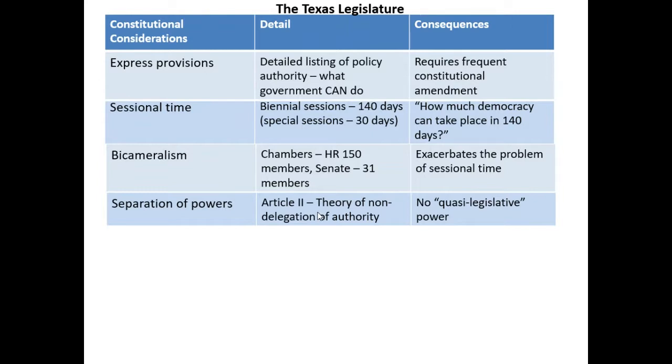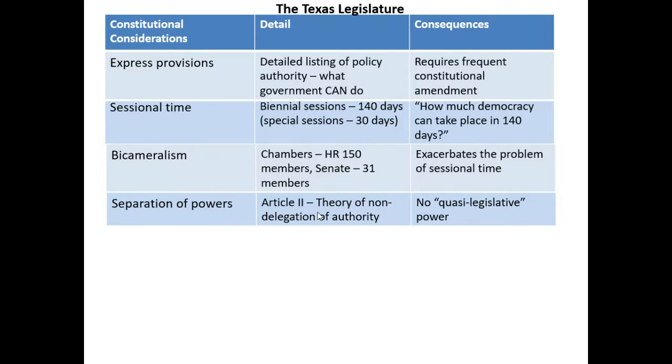However the exact wording goes, that's basically it. But then one little clause follows that says, no power vested in one branch of government shall be exercised by another branch of government unless expressly provided in this Constitution.